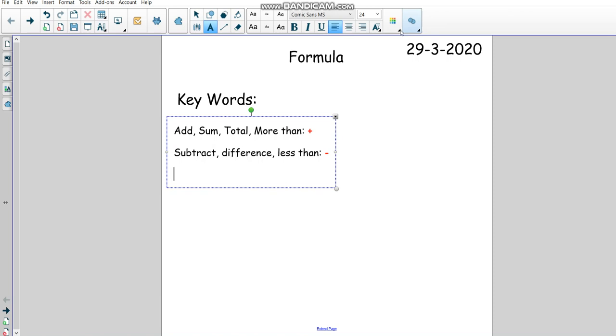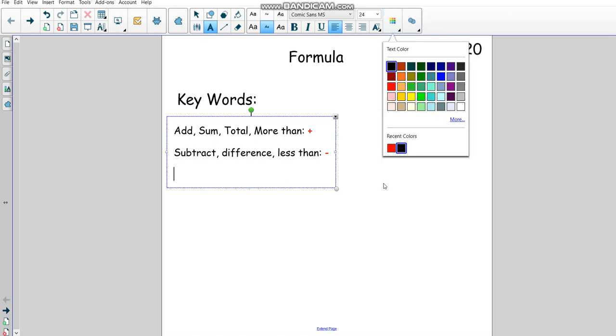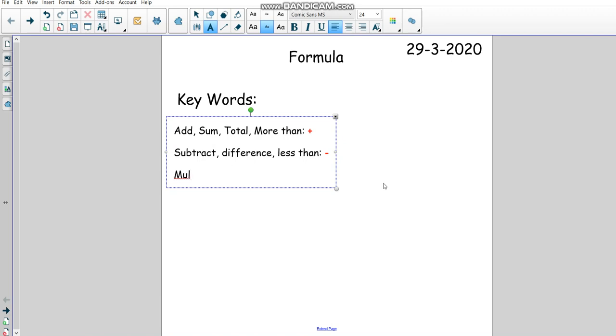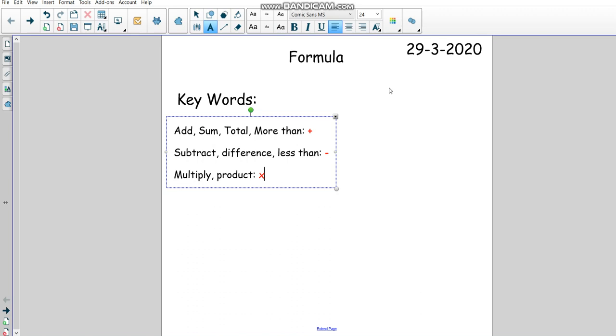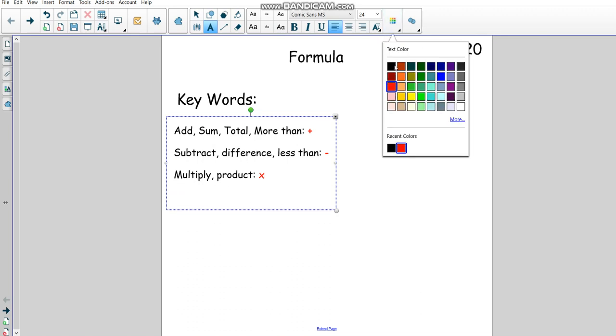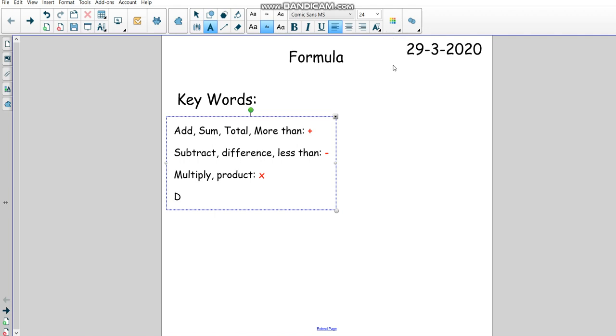The third is whenever I will see the word multiply or product. This time I will use the multiplication sign, the times sign. And the last one, whenever you have the word divide or share, or as we said before, the word quotient.